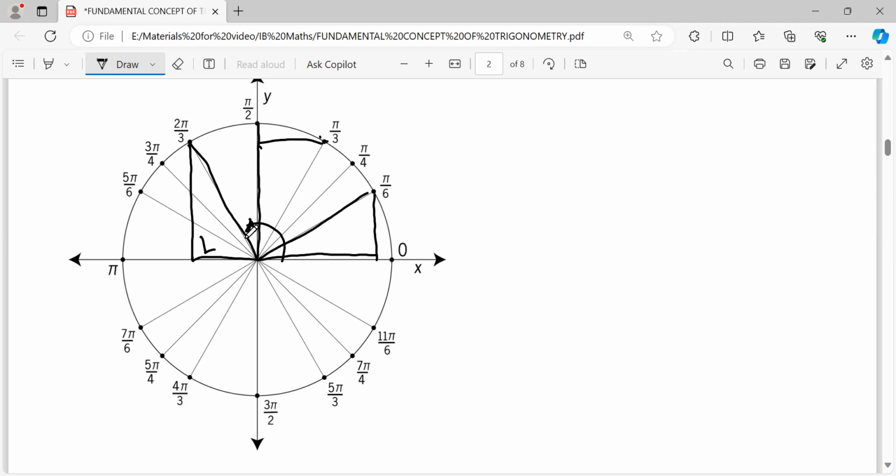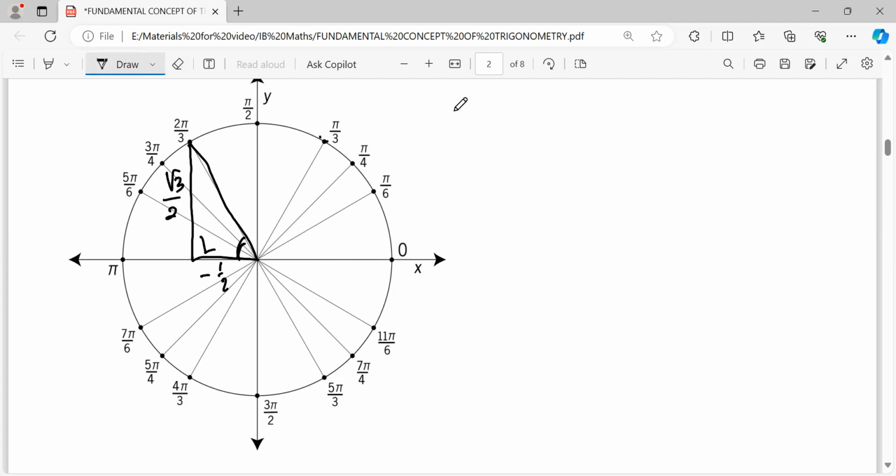So we are going to find this, okay, this angle. Okay, and this is negative half. Our y-axis square root 3 over 2.